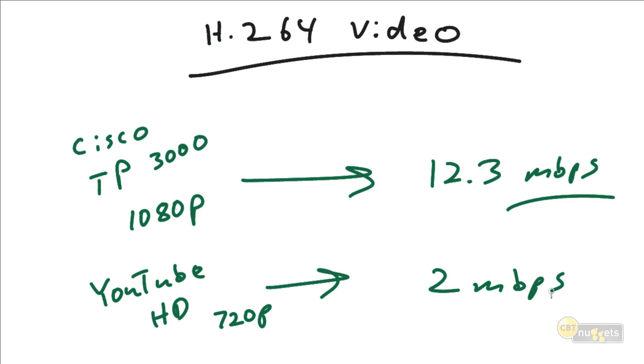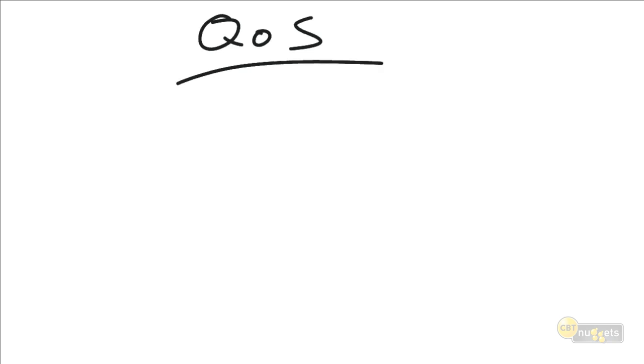So, much higher bandwidth amounts, but the point I guess I want to make most here is the fact that these are still going to be very predictable for you to utilize when you're designing the network infrastructure. So what do we design in voice over IP and video environments to make sure it all works great?